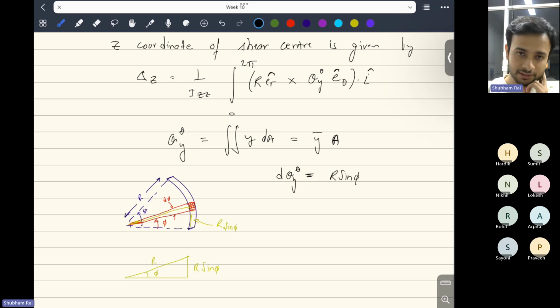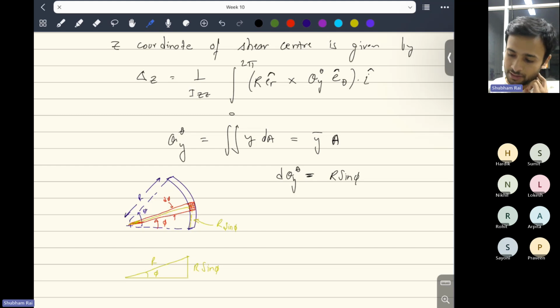And what is the area of this small section? That will be dA. The thickness will be t, and this distance will be r d phi, because angle is equal to arc over radius. Arc is this distance, and the angle is d phi.